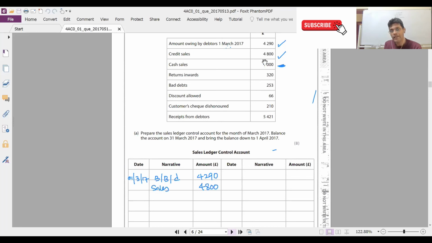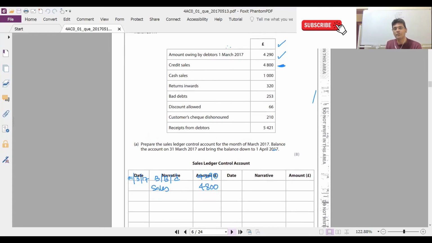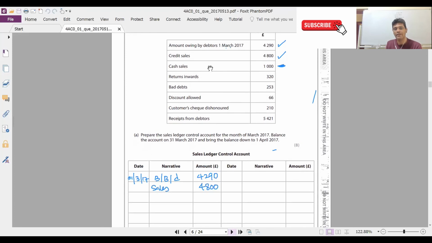So for cash sales, you have to understand the basic concepts. Just to confuse you, you are given credit sales and also cash sales. You should understand that, right?